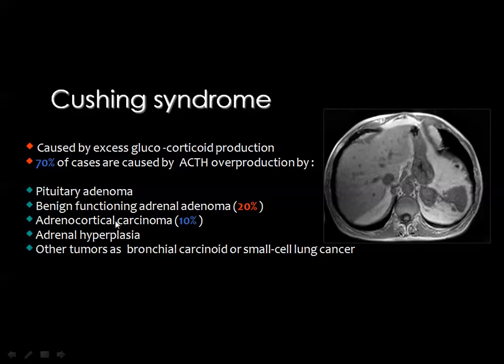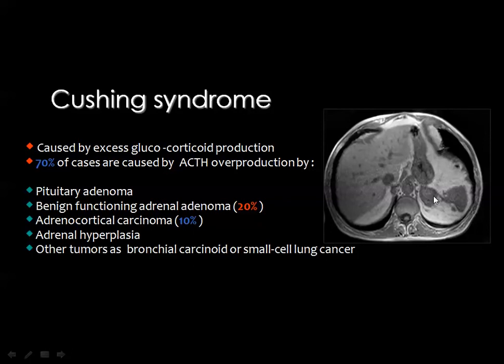And also you remember that adrenocortical carcinoma and adrenal hyperplasia may contribute to some of the functioning syndromes. And also this Cushing syndrome may be the sequelae of bronchial carcinoid or small lung cancer, which contribute also to the increased ACTH production.